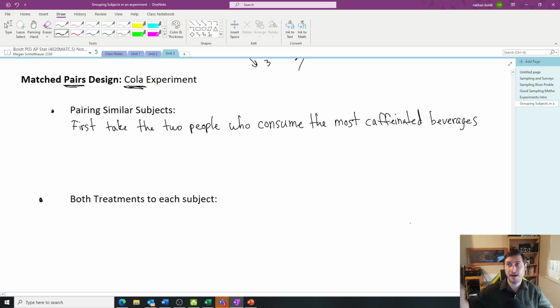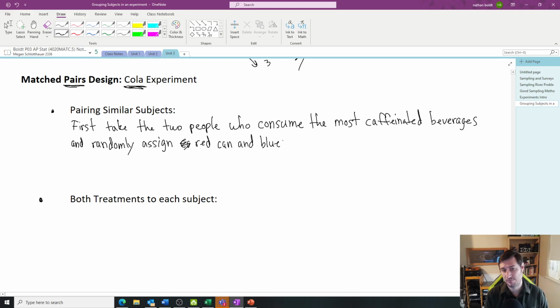All right, so I'm going to take the top two. So I would have to do another survey and actually ask, how many do you all do? And I'm going to take the top two and randomly assign red can and blue can, the treatment.